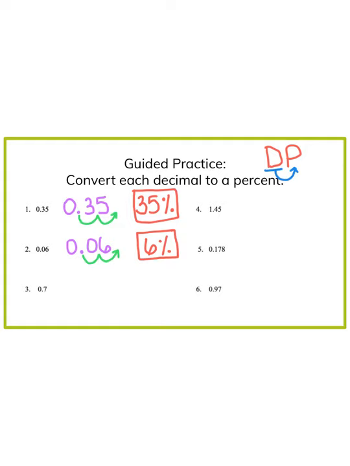Next, let's convert 7/10 to a percentage. So I'm going to write it off to the side, and I see my decimal point in my number, so I just need to move it over 2 spaces to the right. 1, 2. Again, I have this blank space.